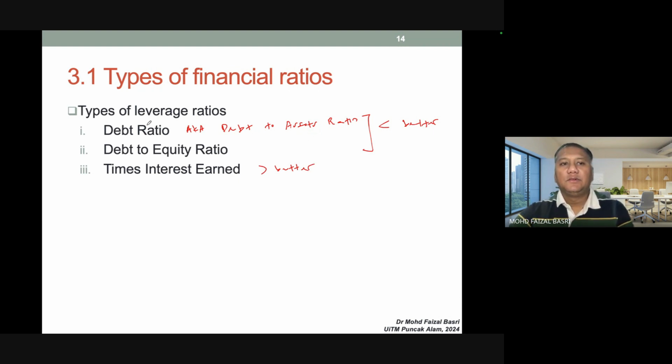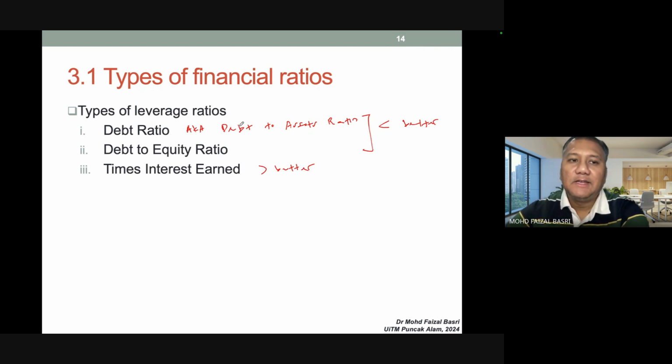Okay, so before we look at the formula, these two ratios, debt ratio, which is also known as debt to asset ratio, and also debt to equity ratio, the name of the ratio actually gives you some ideas what will be the formula.